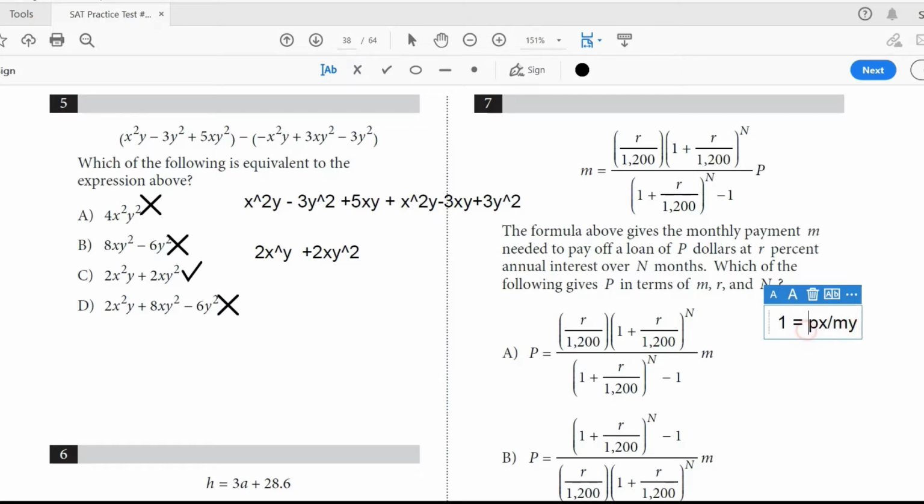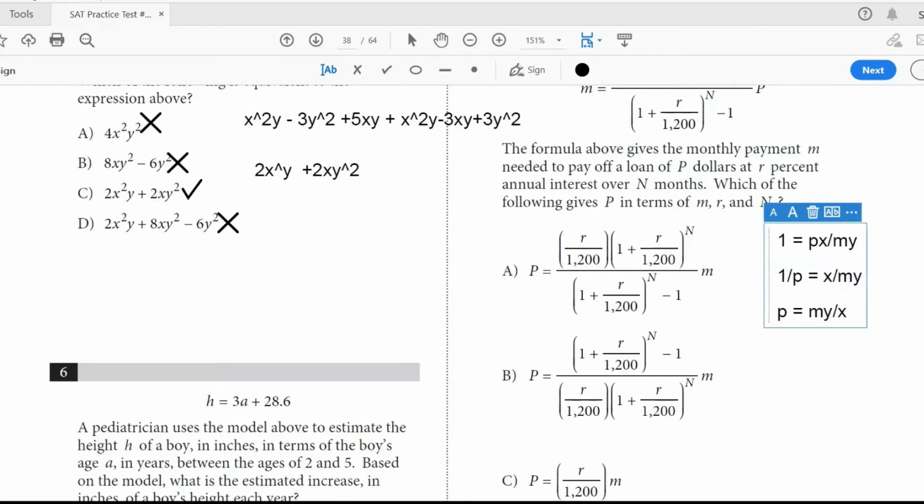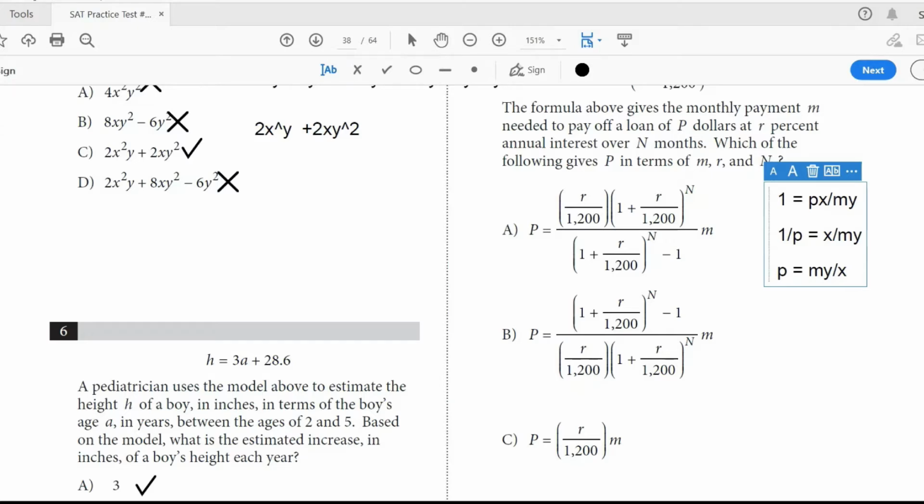If we continue this onwards, 1 divided by P equals X over MY. If we switch these two around, we get P equals MY over X. That means the correct answer would thus be choice B over here.